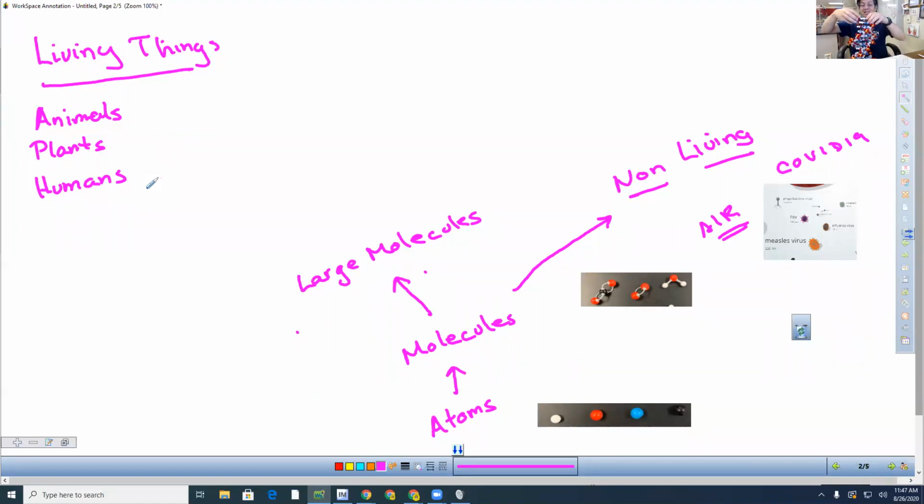DNA is a large molecule made up of smaller molecules. So in order for us to build the living things that you're familiar with, small molecules have to come together to form large molecules.